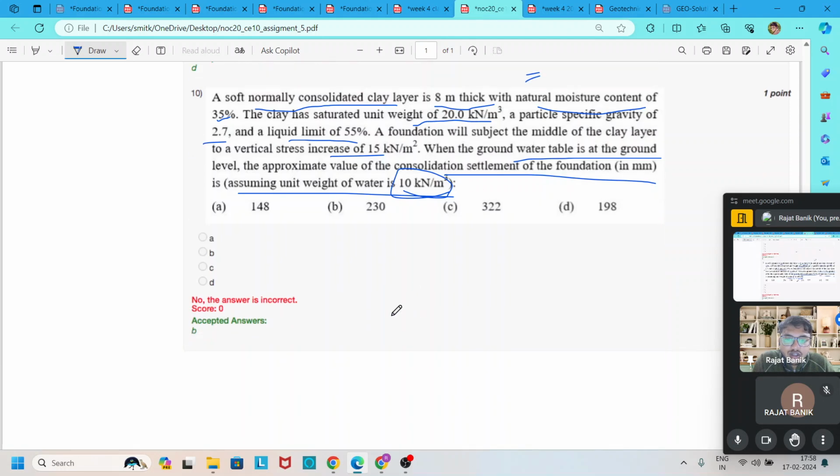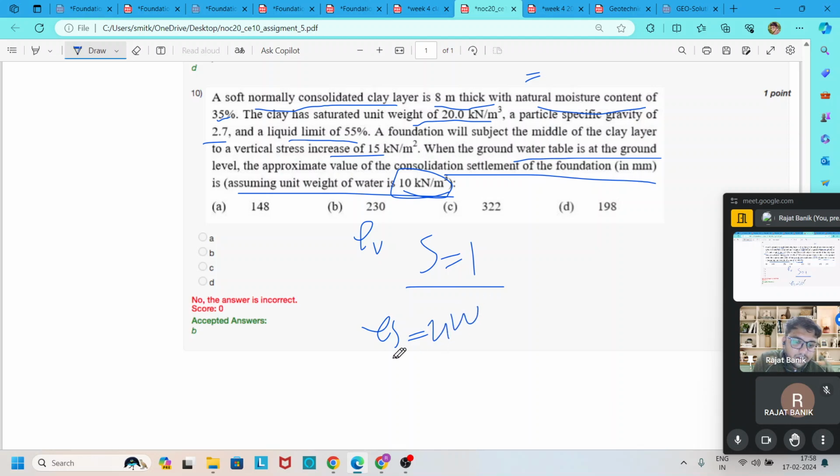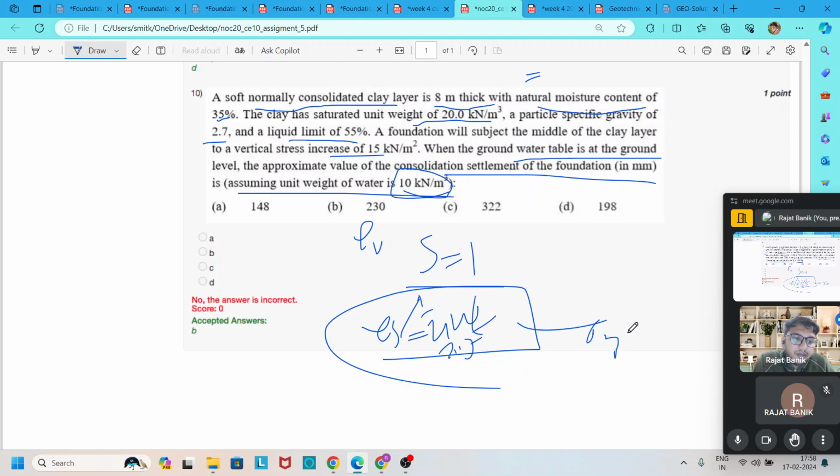First we have to find out the initial void ratio. We know that the water table is at ground surface, so S is equal to 1. So we put e S is equal to G into w, this formula, with S equal to 1, G is 2.7, and w, the moisture content, is 0.35.